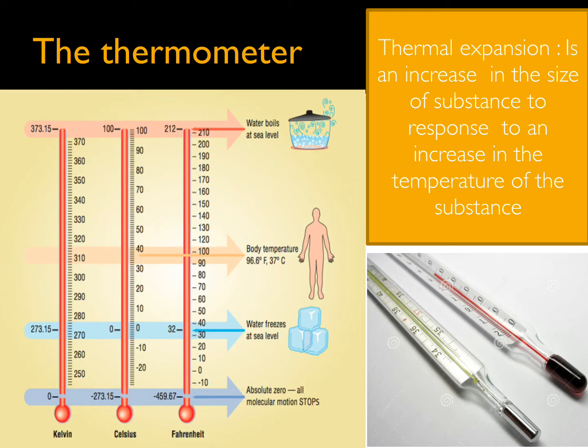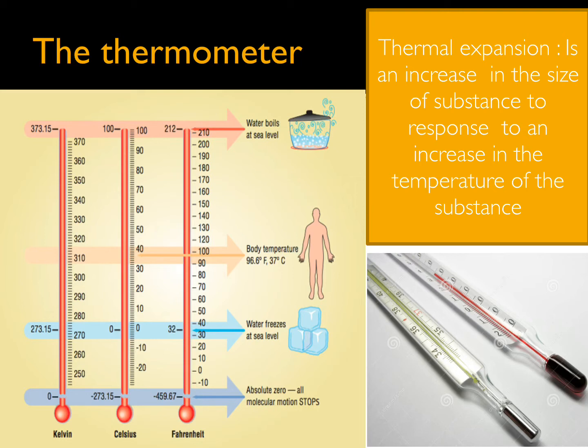Why can a thermometer measure temperature? The answer to that question is because of the property called thermal expansion. Now we should ask, what is thermal expansion? Thermal expansion is the increase of volume of a substance because of an increase in temperature.